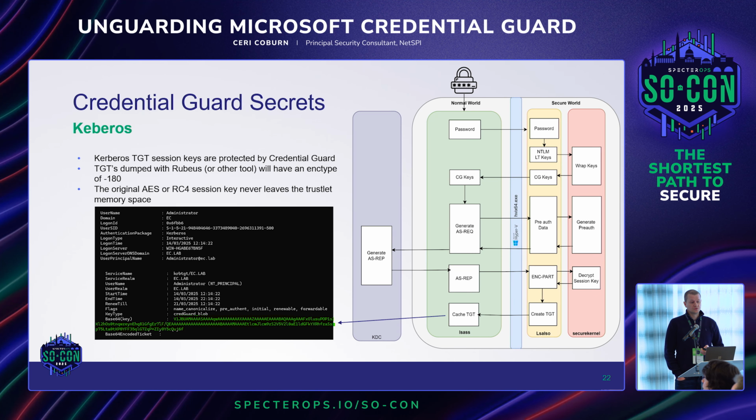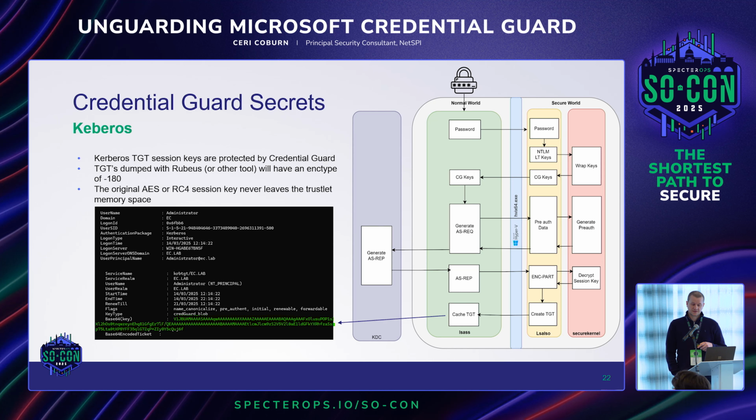So moving on to Kerberos itself. So the graphic on the right here is sort of me trying to explain what happens after you've entered your password into your normal world login process. That essentially gets passed to LSASS. LSASS then will convert that password to NTLM and the Kerberos long-term keys, and those keys will be wrapped by secure kernel.